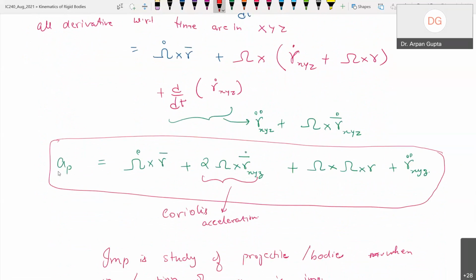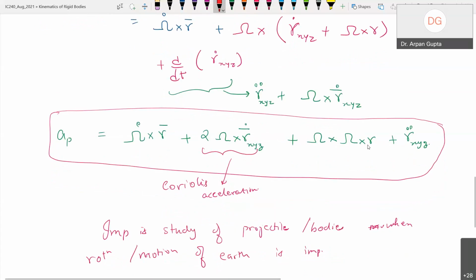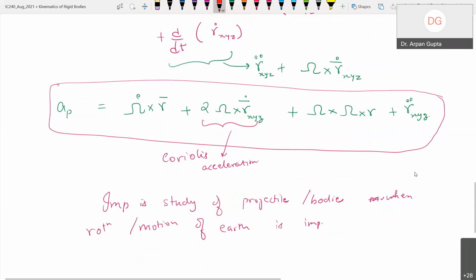So the acceleration of point P as observed from the fixed frame is equal to omega dot of the rotating frame from where we are observing, cross the r vector, plus 2 omega vector cross the relative velocity of point P as observed from small xyz or its origin B, plus omega cross omega cross r, plus the acceleration of point P with respect to B or small xyz.